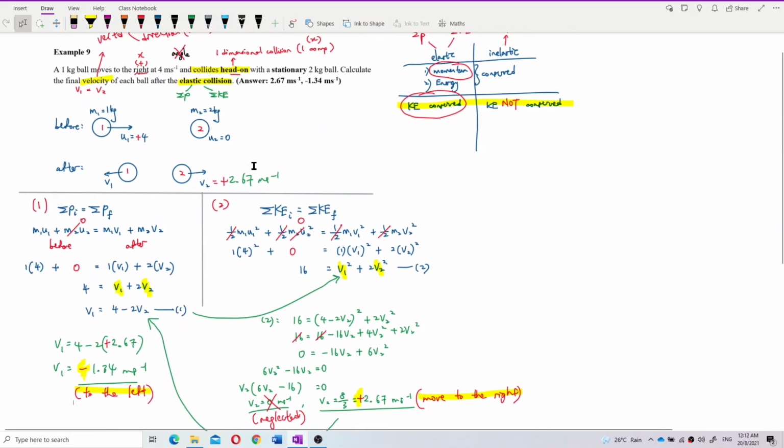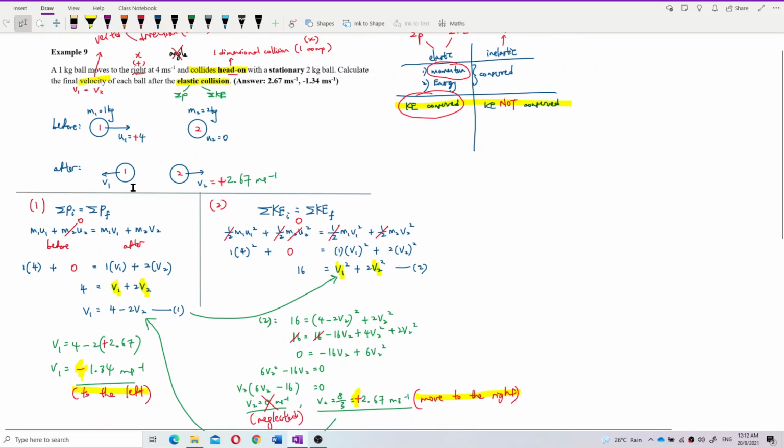So my prediction is correct: ball 1 rebounds after collision with ball 2, so V1 is negative because it moves to the left. Negative 1.34 meter per second, move to the left.